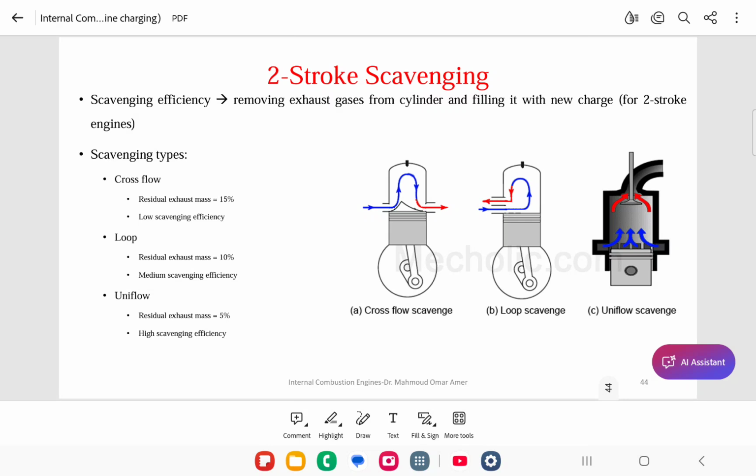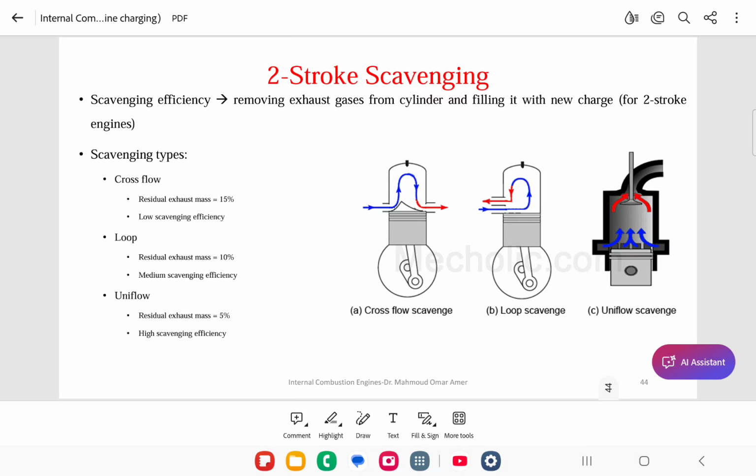The first one is the cross flow, which is the one that we discussed earlier when we explained the two-stroke cycle. Cross flow means the intake port and the exhaust port are on the same level in front of each other.